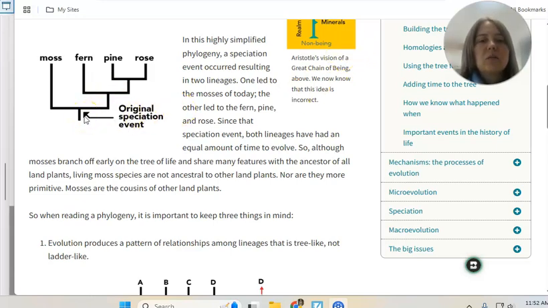So at each branch in the tree, there is a speciation event where one population can no longer interbreed with another population. And then these lines mean time has passed and those populations have been evolving and changing. So the longer the line is between two of them, that means the longer they've been changing separately and probably the more different they are from each other.